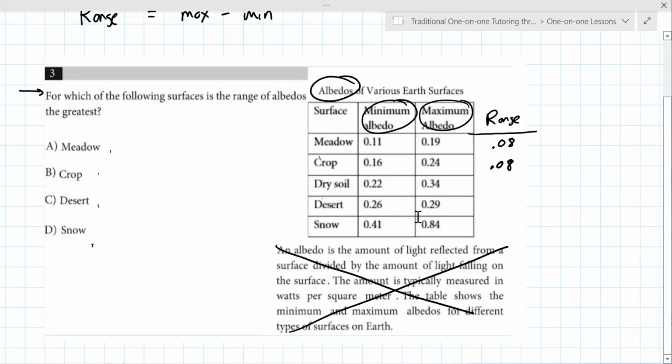Can you tell me the next one? 0.12. Okay, keep going here. 0.26, 0.29. 0.03. Okay. And then the last one there, 0.84, 0.41. 0.43. Yeah, now which is the greatest in this group?